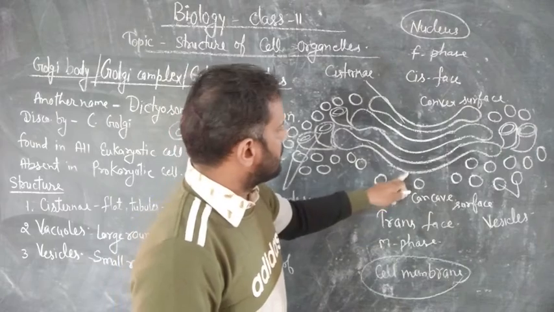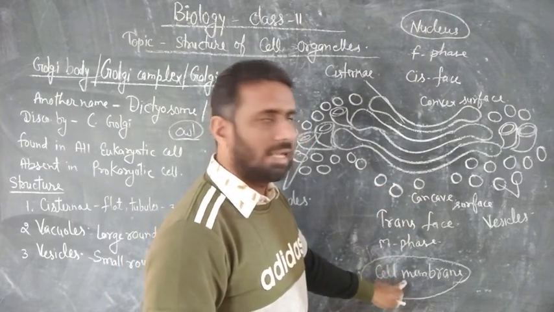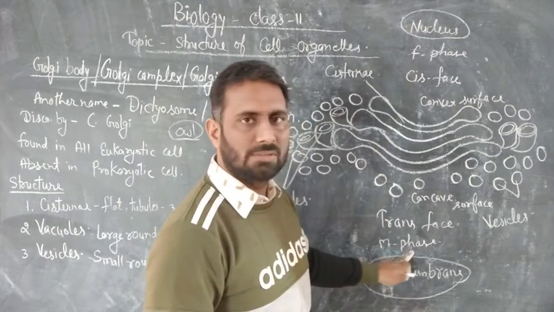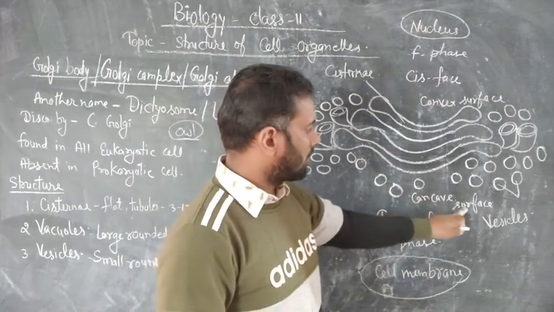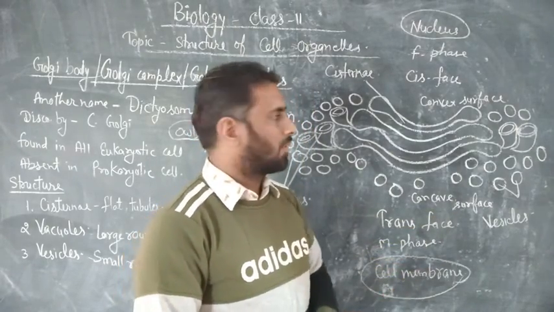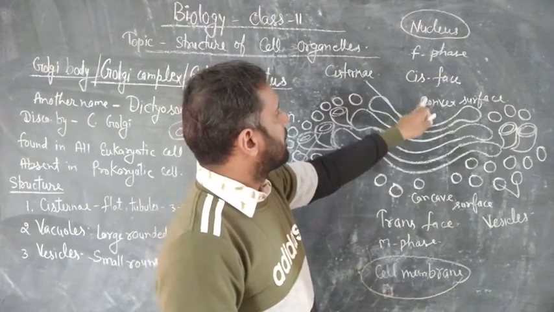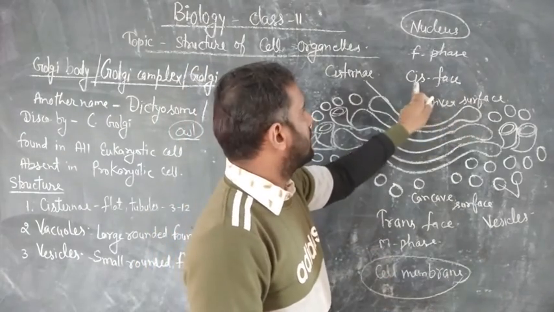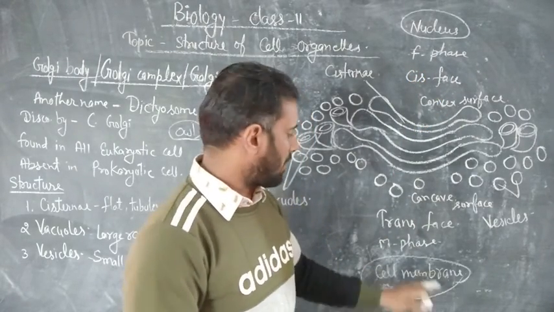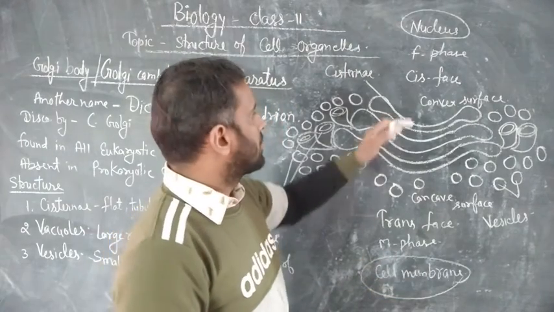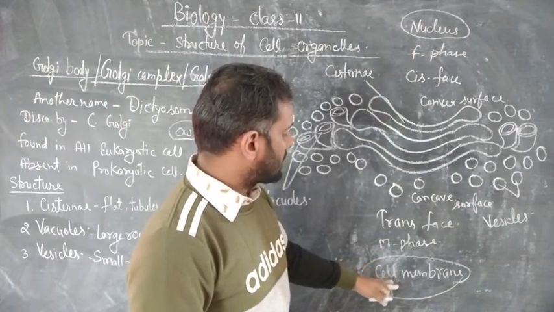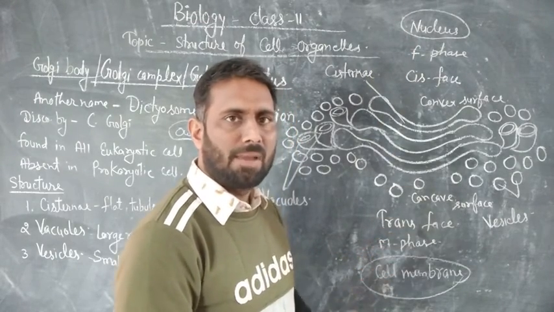The concave surface remains towards the cell membrane, and it is also called trans face or M face. The convex surface is called cis face or F face. F for forming face and M for maturing face. The convex surface remains towards the nucleus and the concave surface remains towards the cell membrane.